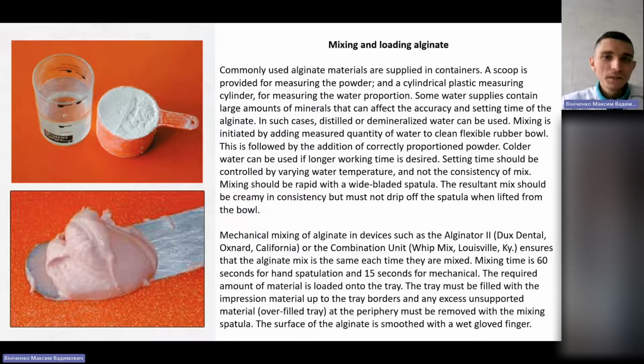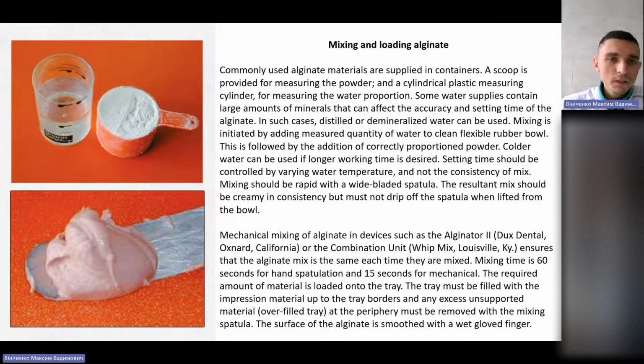Setting time should be controlled by varying water temperature and not the consistency of the mix. Mixing should be rapid with a wide-bladed spatula. We do not use a metal spatula, we use a plastic spatula because it is softer, and it is better to make this mixture with a plastic spatula.